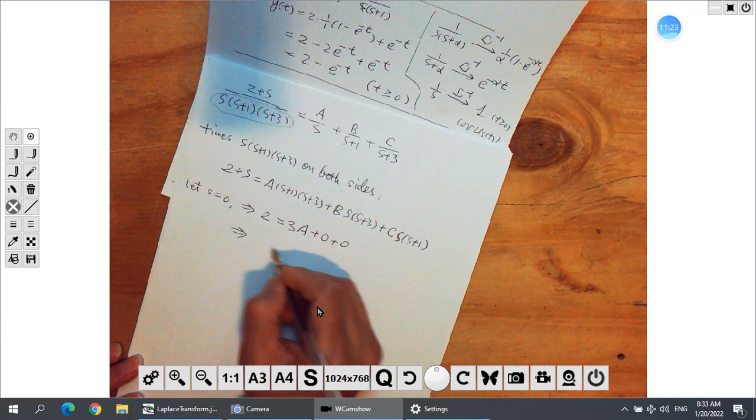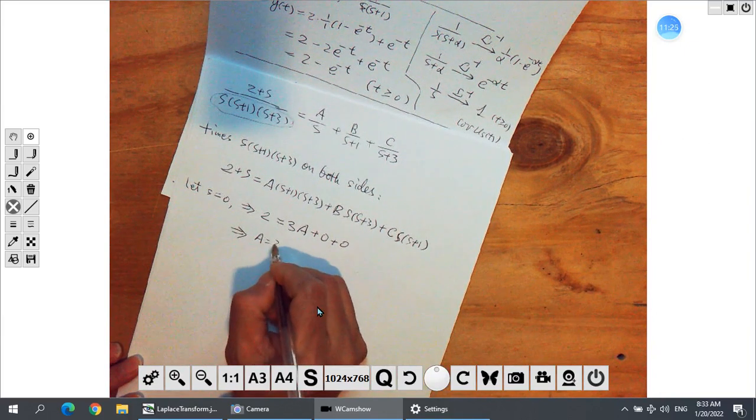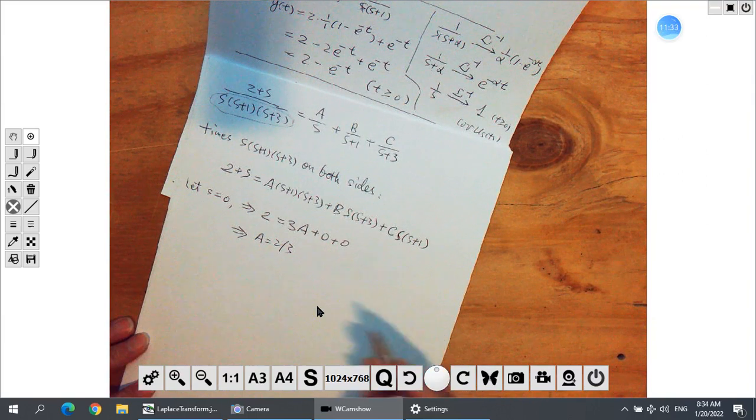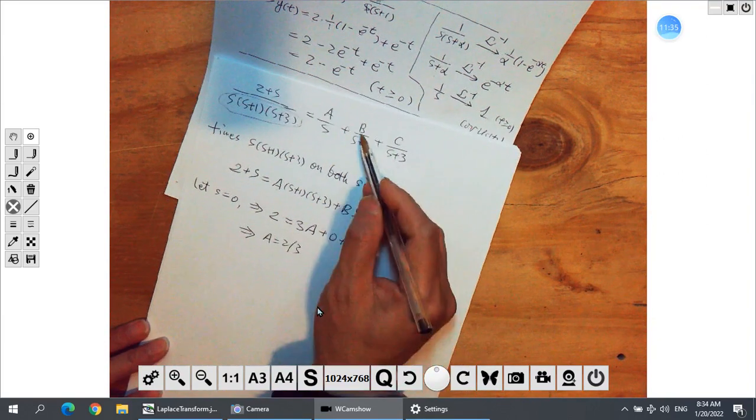Then a equals 2 over 3. Now we have determined a. This way is quite simple, and we can do a similar thing for b and c.